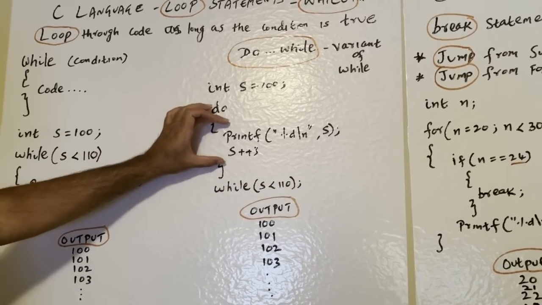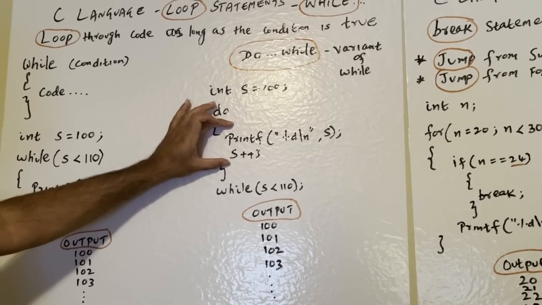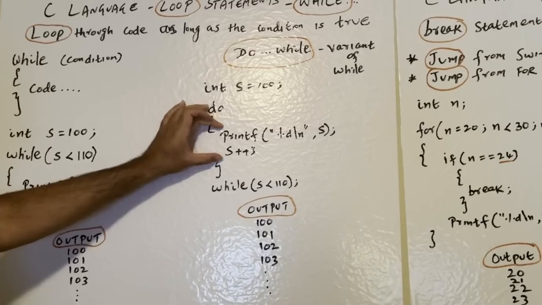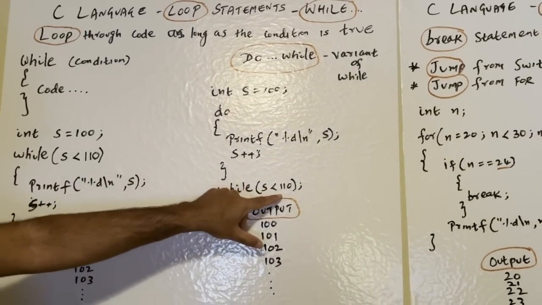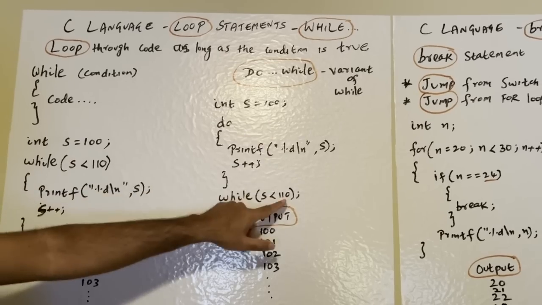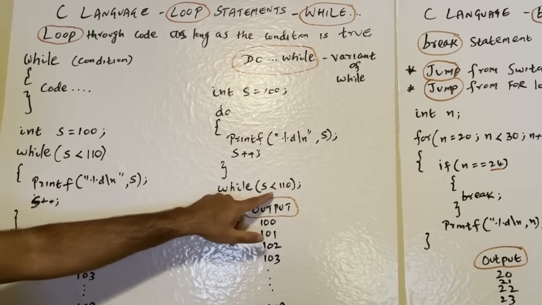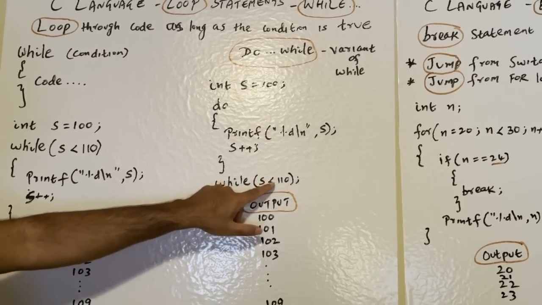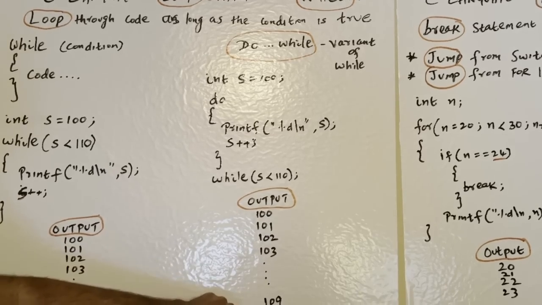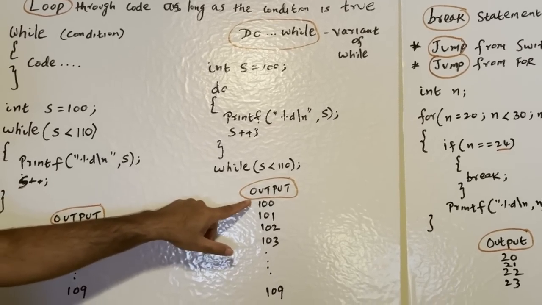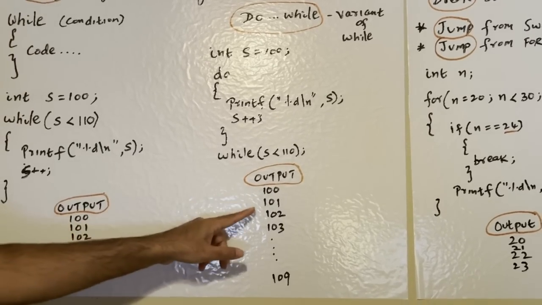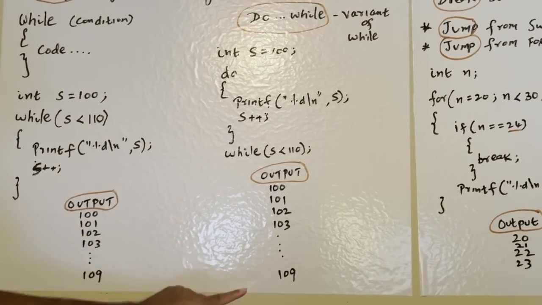Whatever statements are here, 1 statement or thousands of statements, will be executed while this condition is true. The final value is 1 less than 110. If you put less than or equal to, then it will print 110. That's the difference. The output will be the same as before: 100, 101, 102, 103.